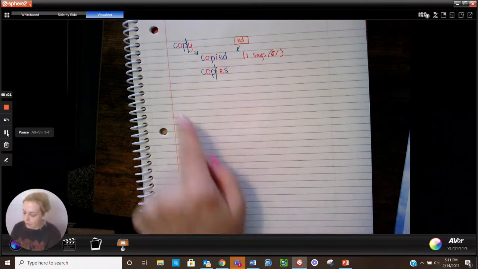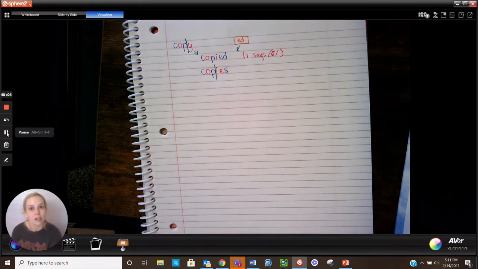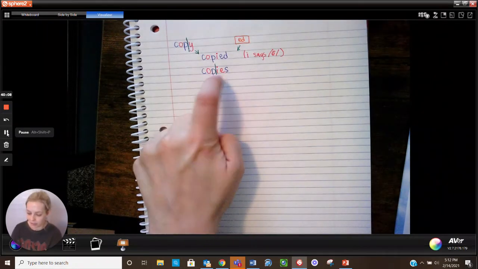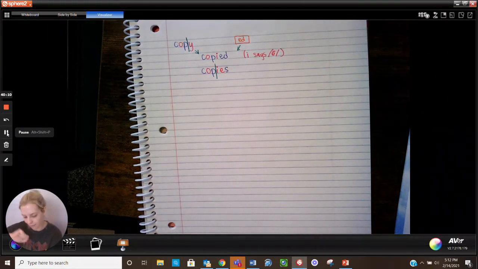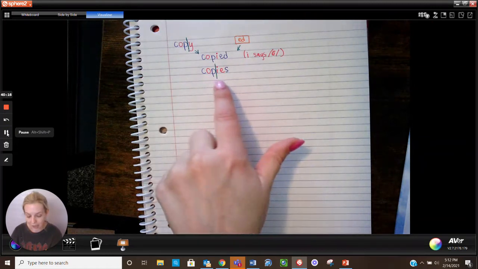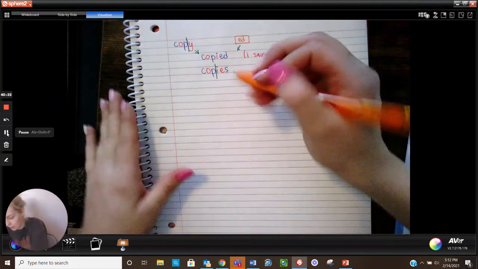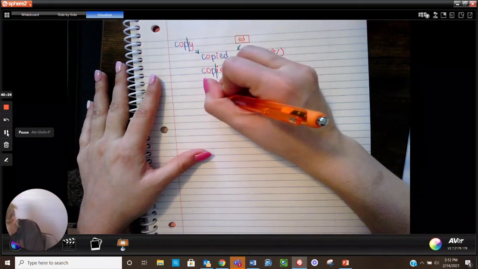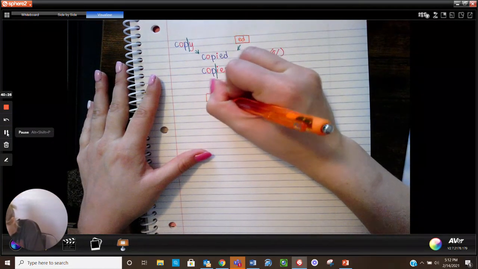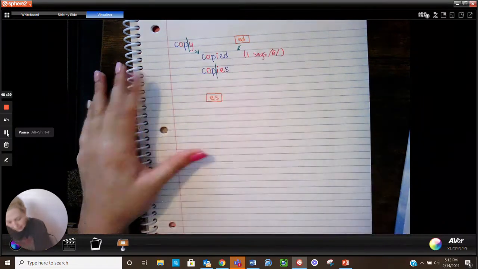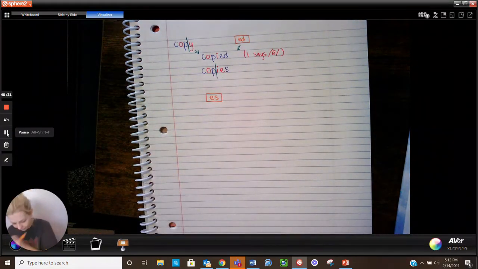Oh, sorry, one more thing. How many written vowels are in copies? One, two, three. We have three. What is the problem with copies? The word has two syllables, but it has three written vowels. So I'm going to write ES, okay?